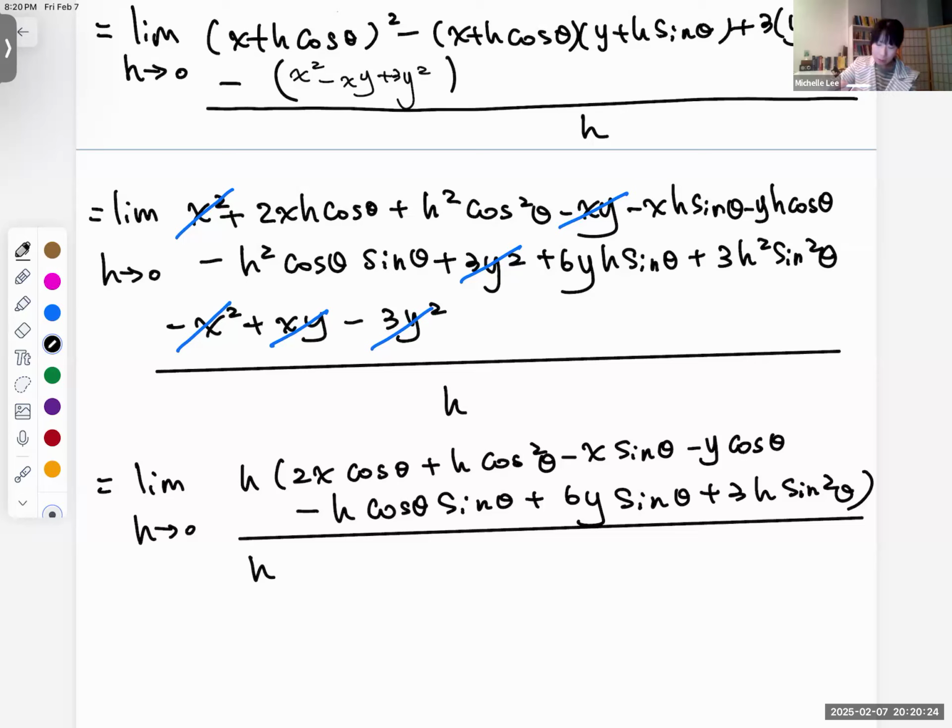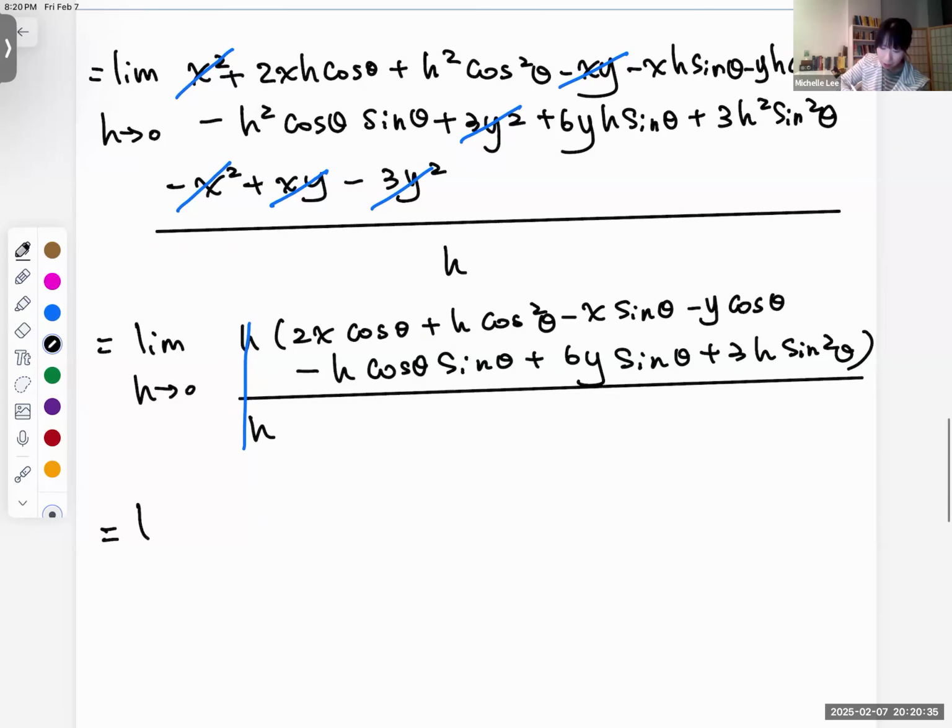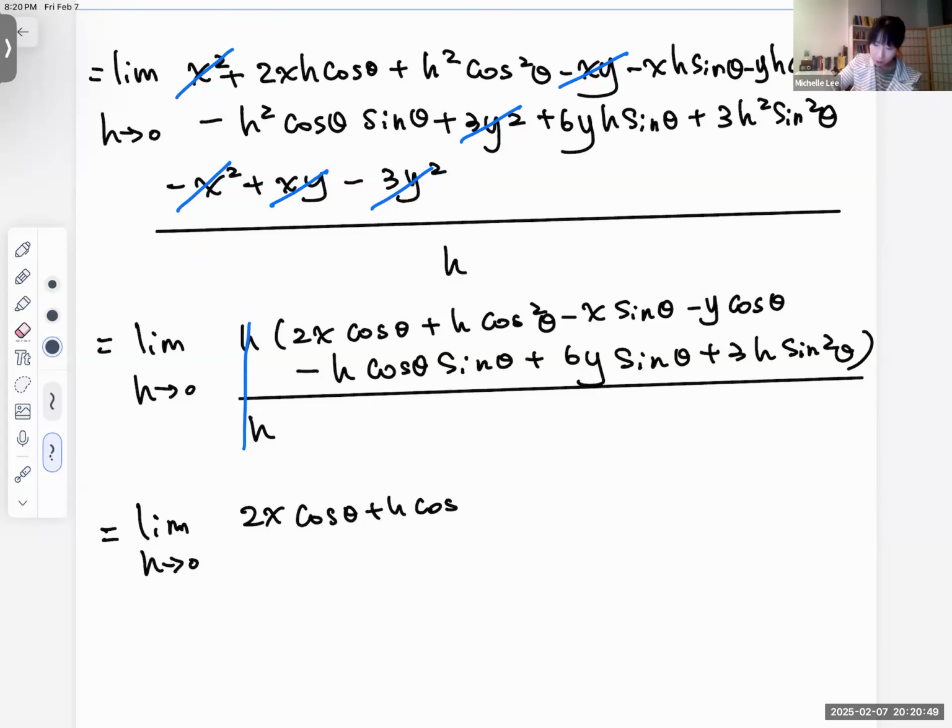Okay. Now, we can simplify h over h. So then we have limit h approaches 0. So we have 2x cosine theta plus h cosine squared theta minus x sine theta minus y cosine theta.